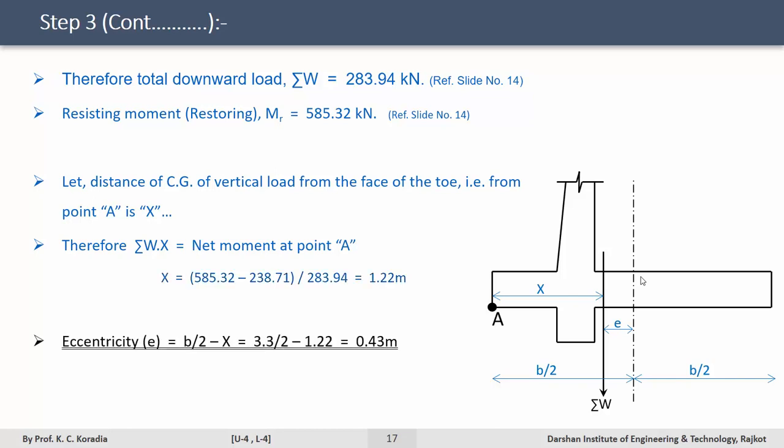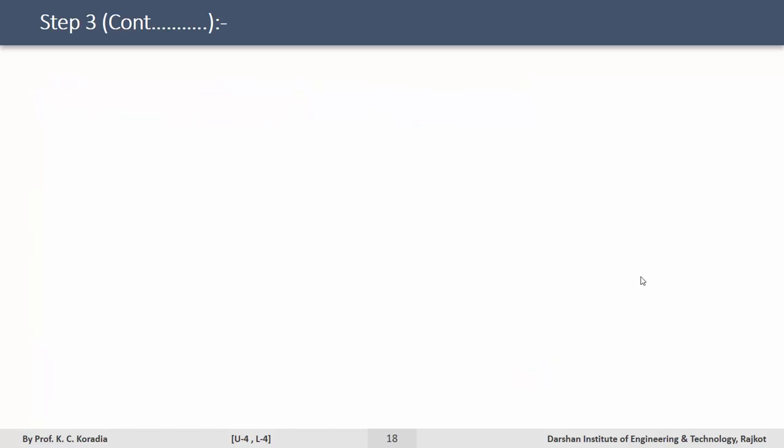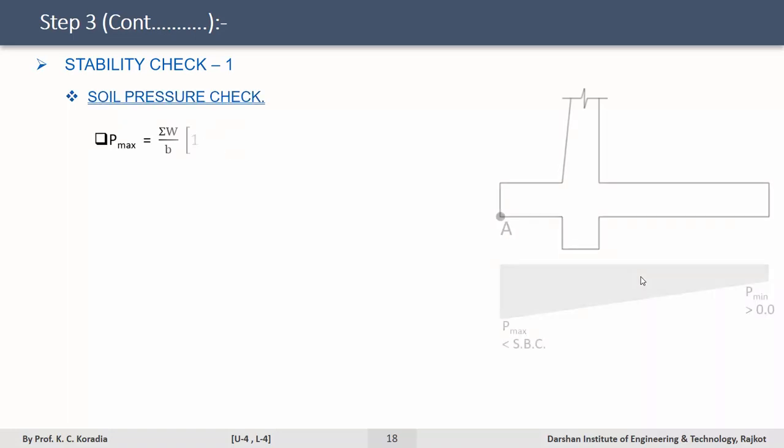Therefore, eccentricity E can be calculated as B by 2 minus x, that is 3.3 divided by 2 minus 1.22, which gives 0.43 meter from base slab center. Now we are supposed to go for stability check number 1, which is the soil pressure check.